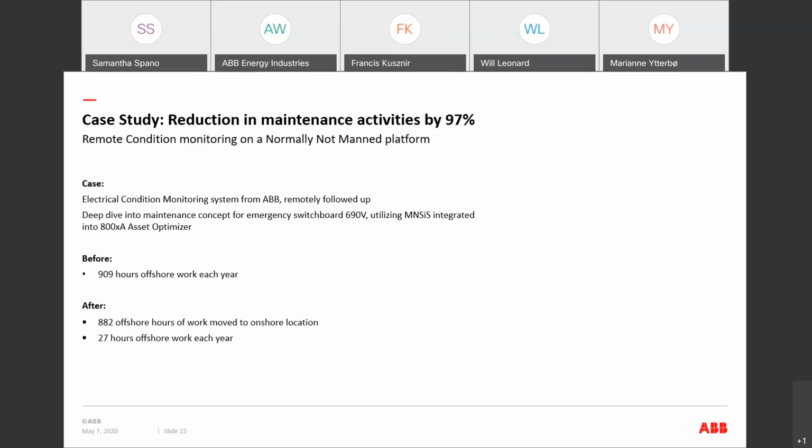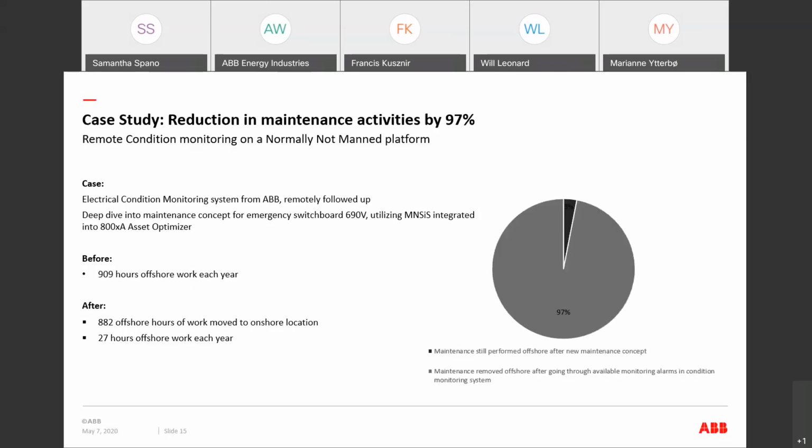They were able to remove 882 offshore hours every year, so move that to the onshore location. That's also illustrated in a figure now, where only 3% of the maintenance activities were still performed offshore by an electrician.